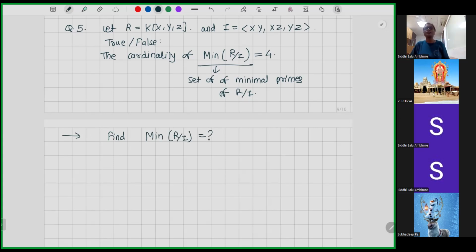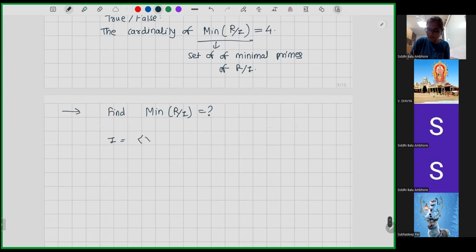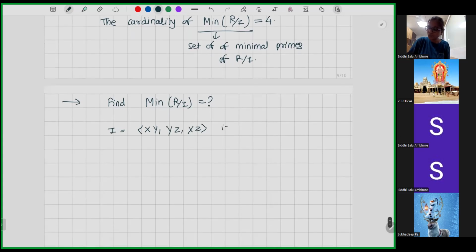So what is it? Note that this I, generated by xy, yz, xz, is a monomial ideal.